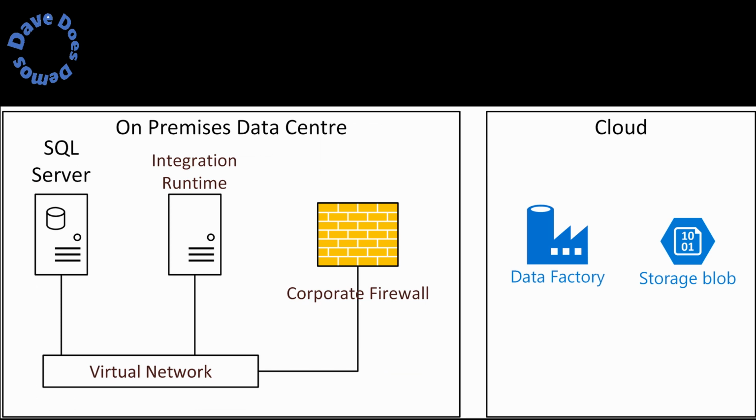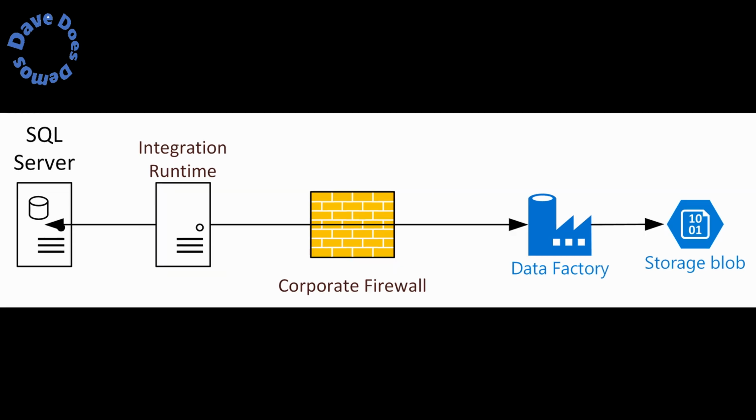So just to recap, this lab has shown you a configuration with a SQL Server sitting in your data center. In this lab, obviously it's in Azure, but it's representative. It's got its own virtual network. We've installed an integration runtime on a separate server there, and all of that is sitting within the corporate firewall. Then in the cloud side, we've got Data Factory and a storage blob.